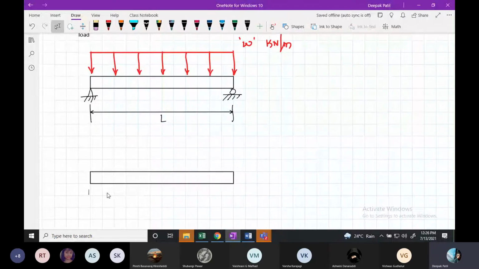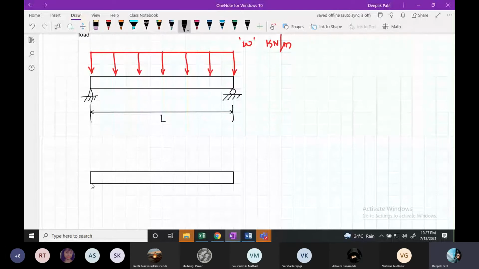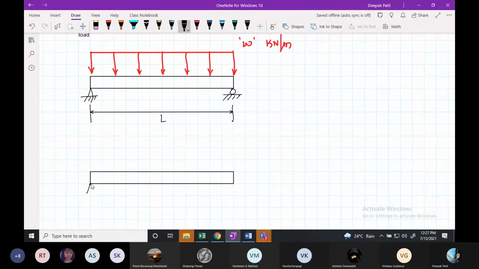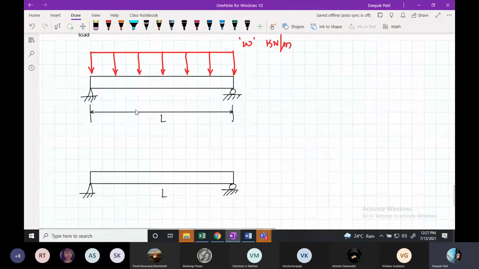Listen to this very carefully because this is very important. I will draw the same beam once again. This is of span L. Now the equivalent point load of this uniformly distributed load acts exactly at the center of this beam.